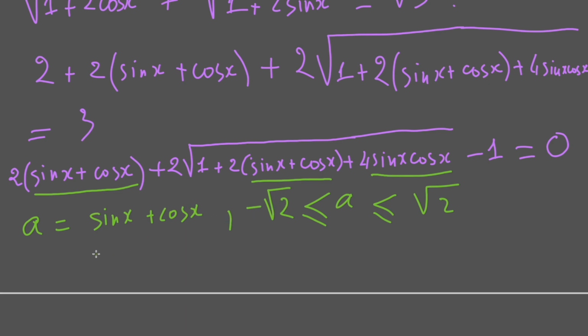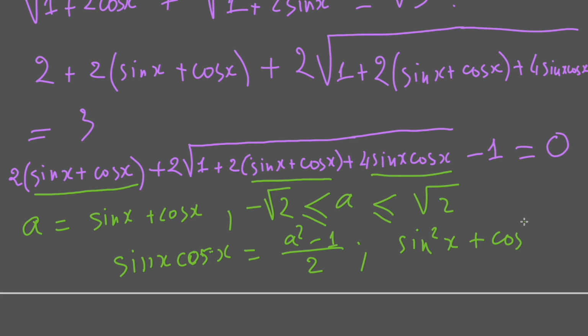And sine x times cosine x will equal a squared minus 1 divided by 2, because sine square x plus cosine square x equal to 1. That's a very famous formula in trigonometry problems.